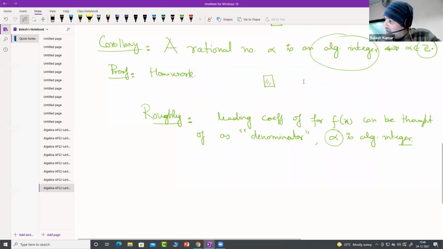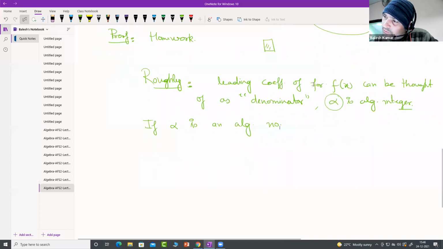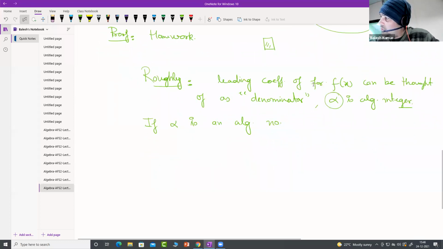And here is the reason why I am saying this. For example, if alpha is an algebraic number, that means alpha is a root of an integer polynomial.